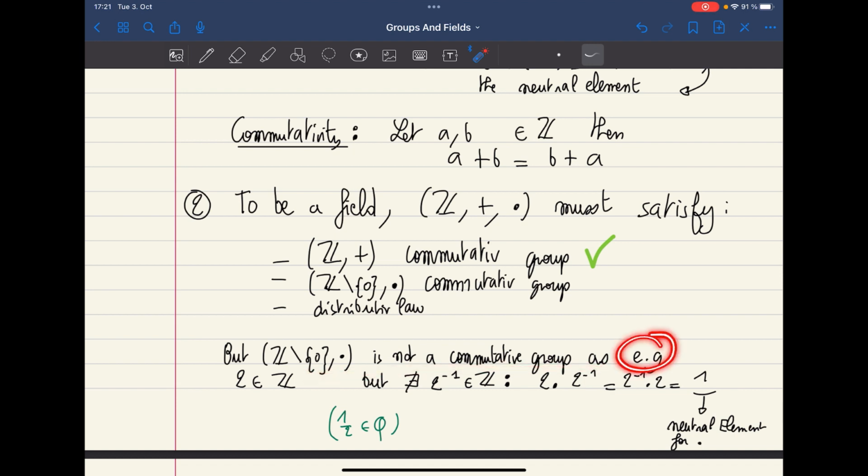For example, as a counterexample, 2 belongs to the integers, but there is no inverse for 2 for the multiplication in the integers, because the inverse that would, when you multiply it, give the neutral element for times, that is 1, is 1/2, and this is from the rationals, not the integers, so this element doesn't exist.